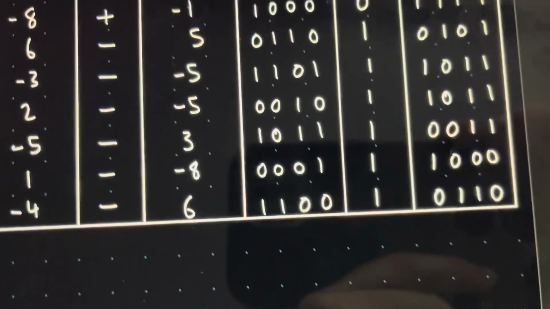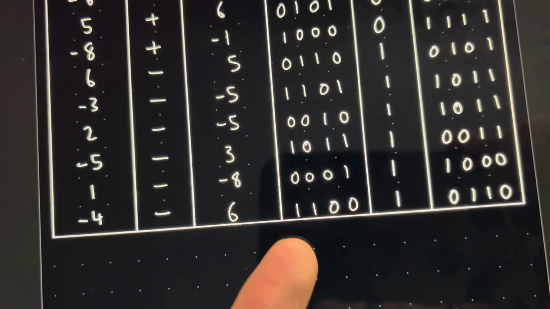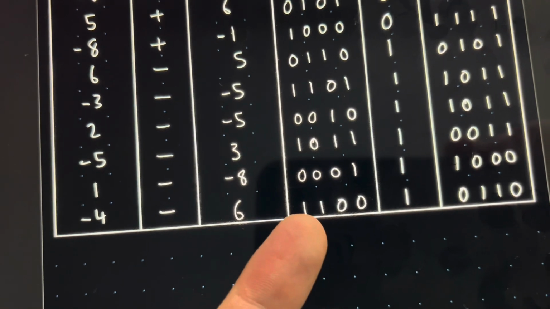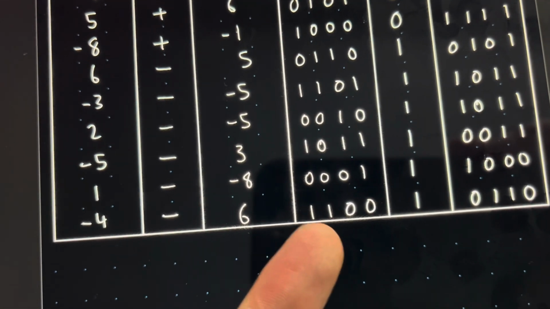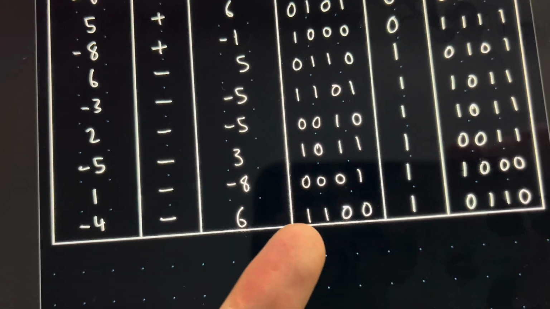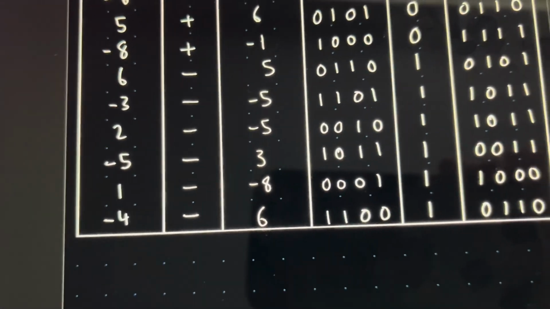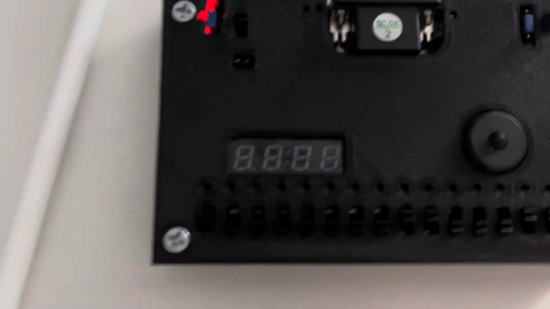Oh, so when you add these two inputs, the third bit would equal 0, even though it should be negative 10. Therefore, it's not valid, and therefore the LED is not on. Anyways, thank you very much.